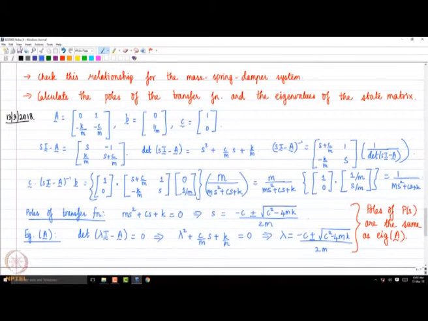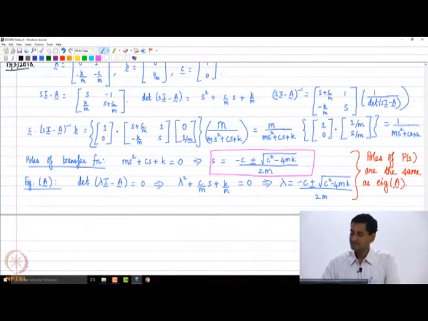And then I asked you to calculate the poles of the transfer function and the eigenvalues of the state matrix. So the poles of the transfer function are these. Okay. So these are the poles of the transfer function, minus c plus or minus square root of c squared minus 4mk divided by 2m, and we can see that the eigenvalues of the state matrix also turn out to be the same. Okay.